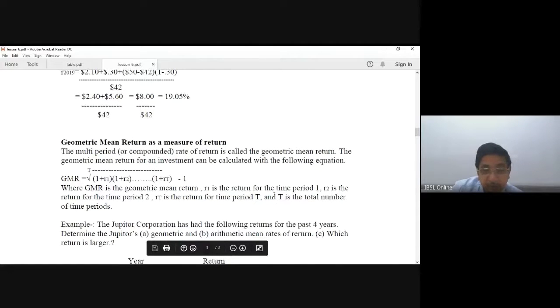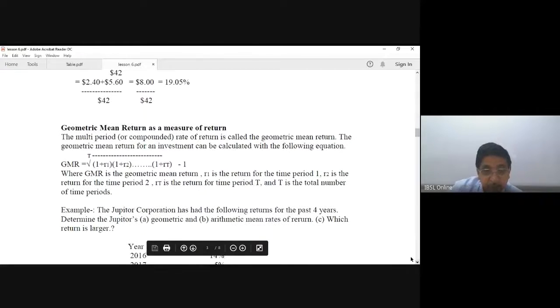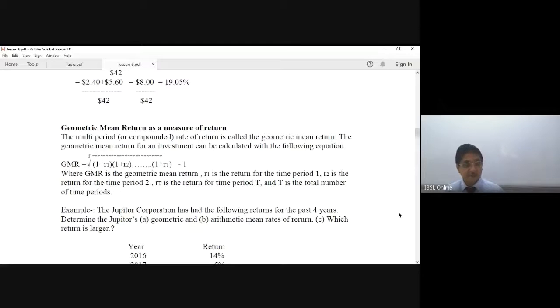R1 is the return for the time period 1. R2 is the return for the time period 2. RT is the return for time period T. And T is the total number of time periods. Now, if I apply 3 years: first year, the return is R1. Second year, the return is R2.